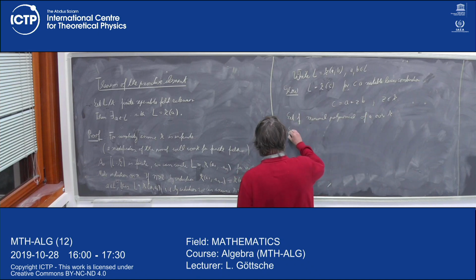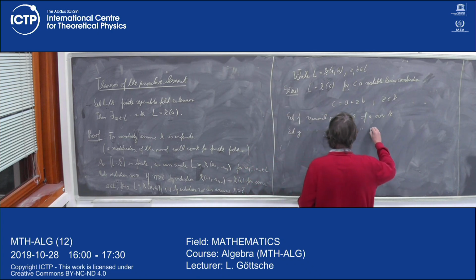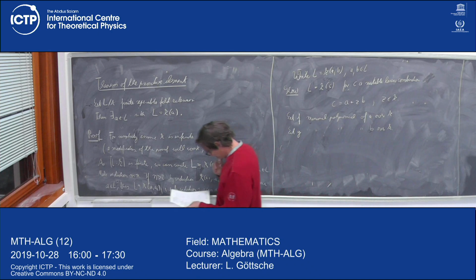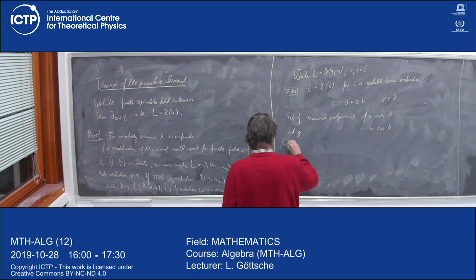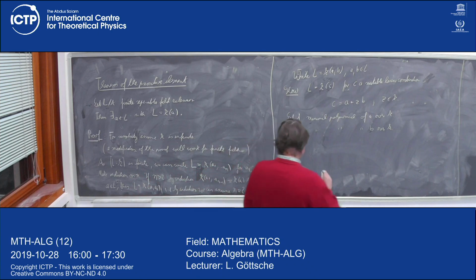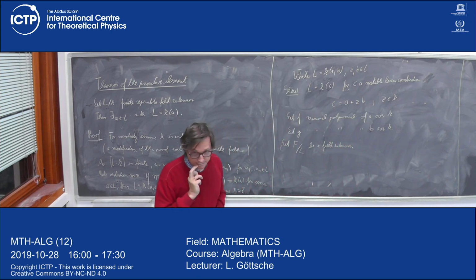And let G be the minimal polynomial of B over K. And I take F, a field extension of L, such that both of these polynomials split into linear factors.